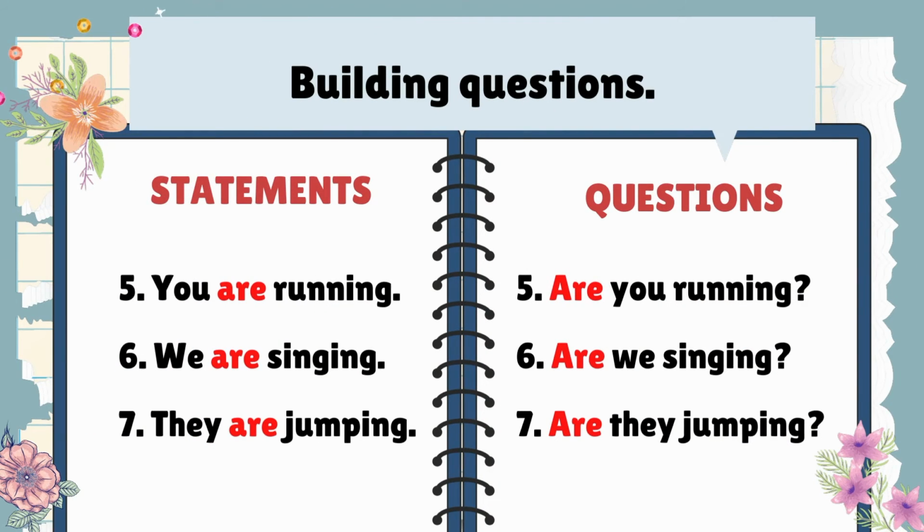Now, let's take a look at another examples. Number 5, you are running. The question will be, are you running? Number 6, we are singing. Are we singing? Number 7, they are jumping. Are they jumping? See, it's very easy, right, to build a question?